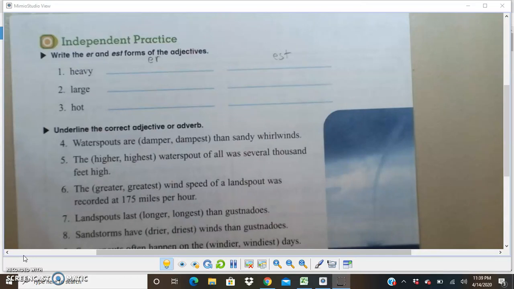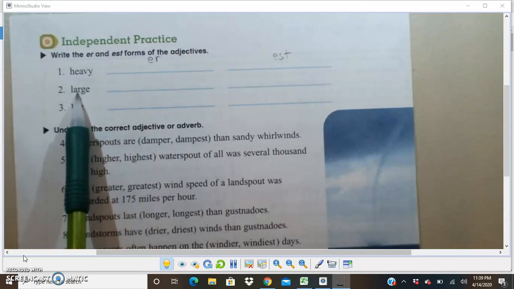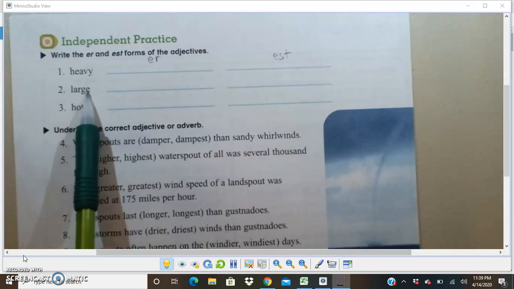Number 2, large. Well, this rule would be the one where it says you drop the E, and then you add ER, or you drop the E and you add EST. So it's going to be larger.